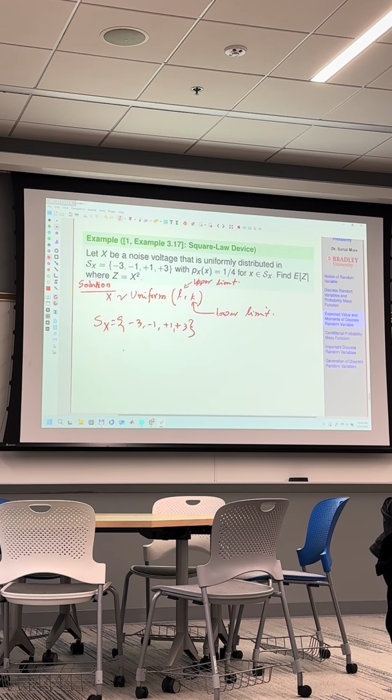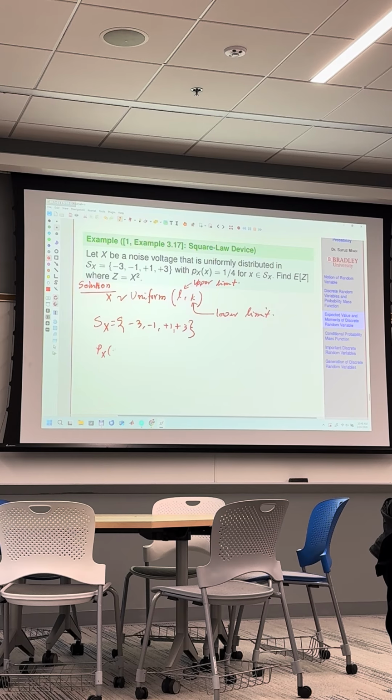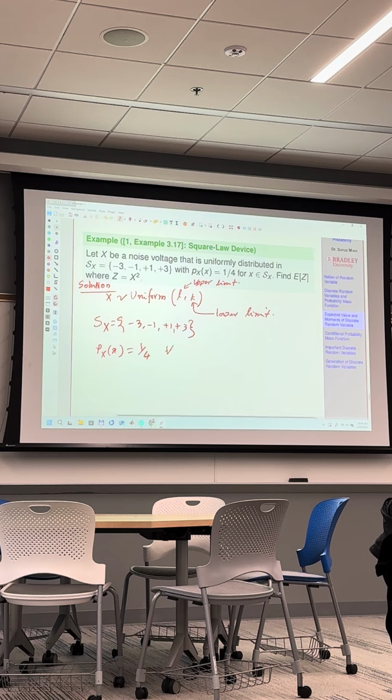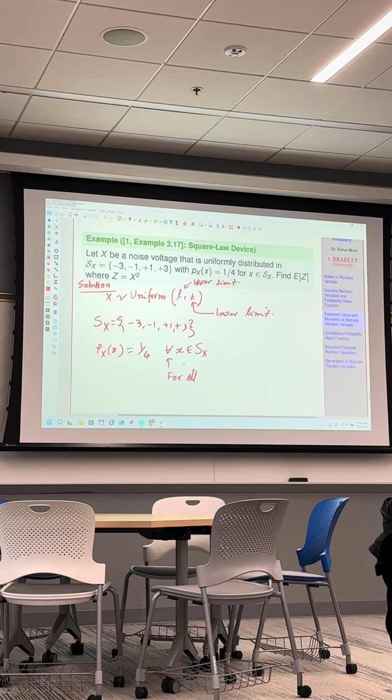The PMF of random variable X is also given for all x from the range.